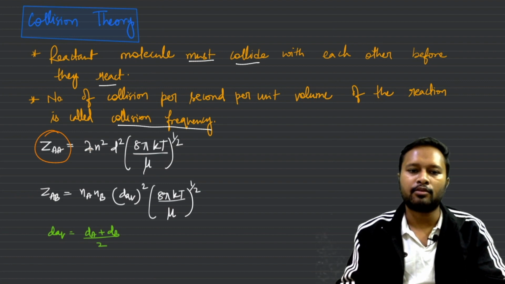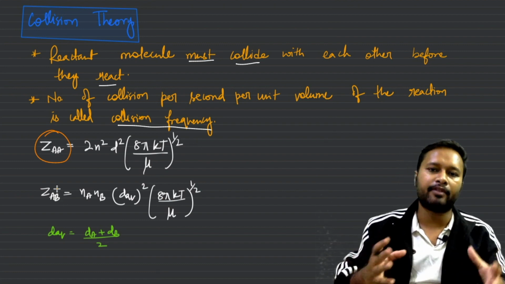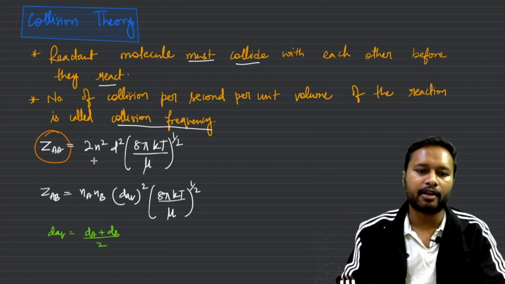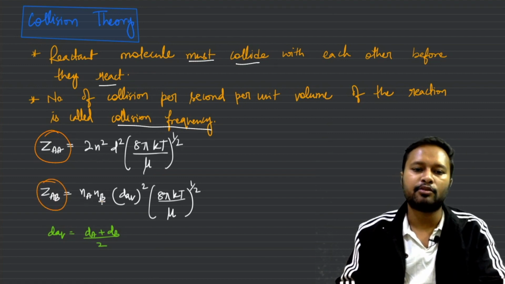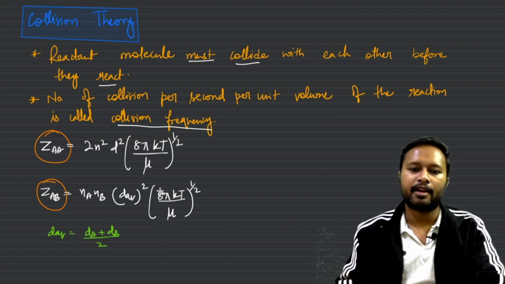Okay, so you know that n is the number of molecules which are colliding, d is the diameter, or you can say the distance between the two atoms, and then you have 8 pi, and k is your Boltzmann constant, T is the temperature, mu is your reduced mass. Then if the reacting molecules are different, if you have two different atoms which are colliding to give you product, in that case Z will be converted into ZAB, and ZAB is equal to NA NB dAB square, and 8 pi kT upon mu under root.